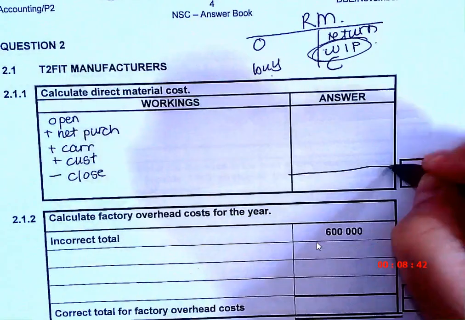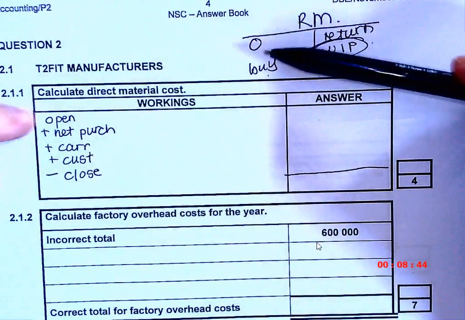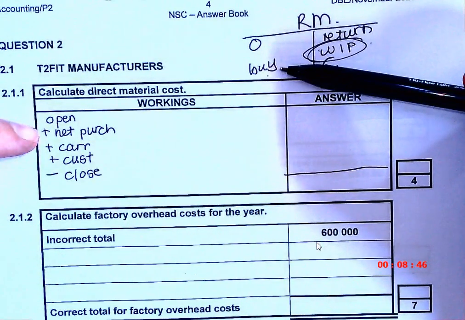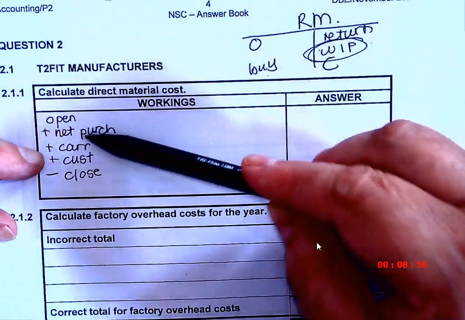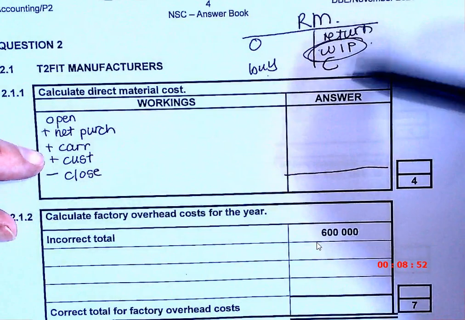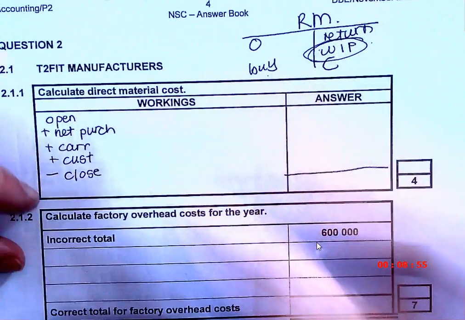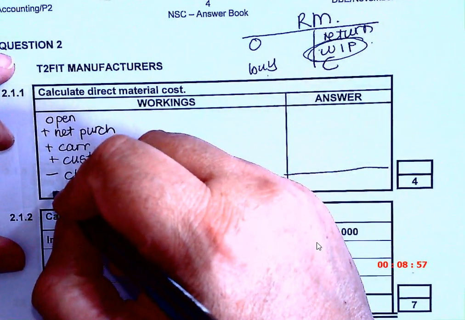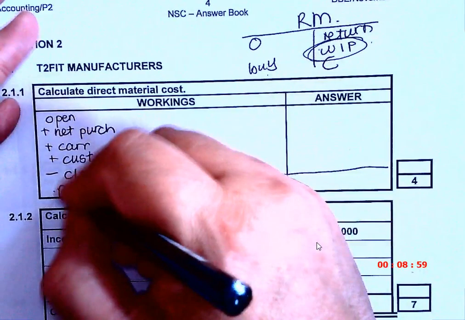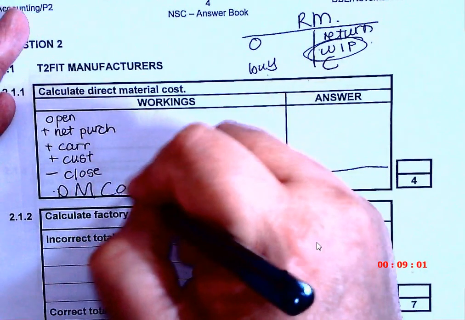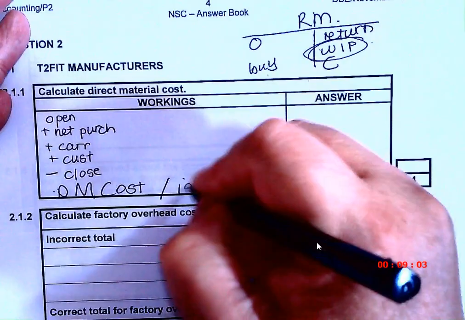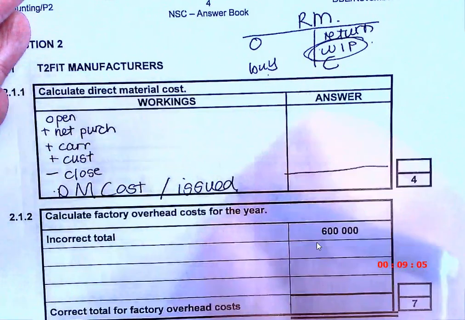Can you see? Opening, purchase, carriage, everything that. Returns is in the net purchase. Closing gives me what goes to work in process. What goes to work in process? Direct material cost. In other words, the direct material that I issued.